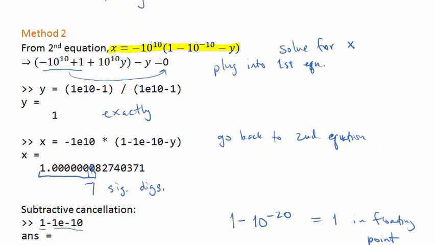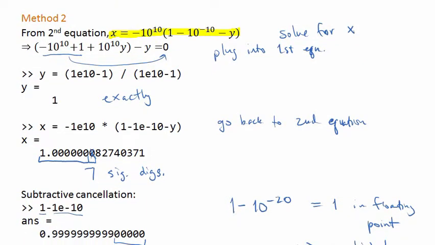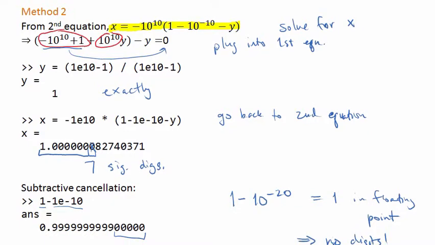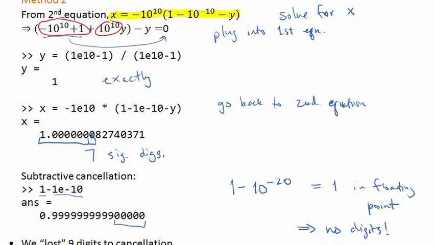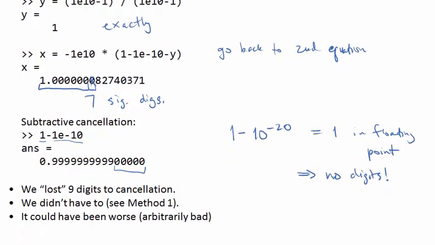But in the second algorithm, we relied on subtractive cancellation to make this number cancel out this very close nearby number, and because everything was happening out in the 10th digit, we had to lose some digits.